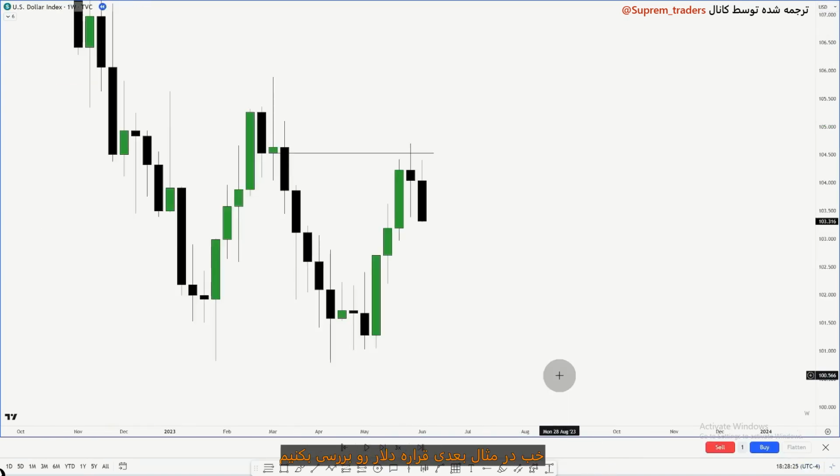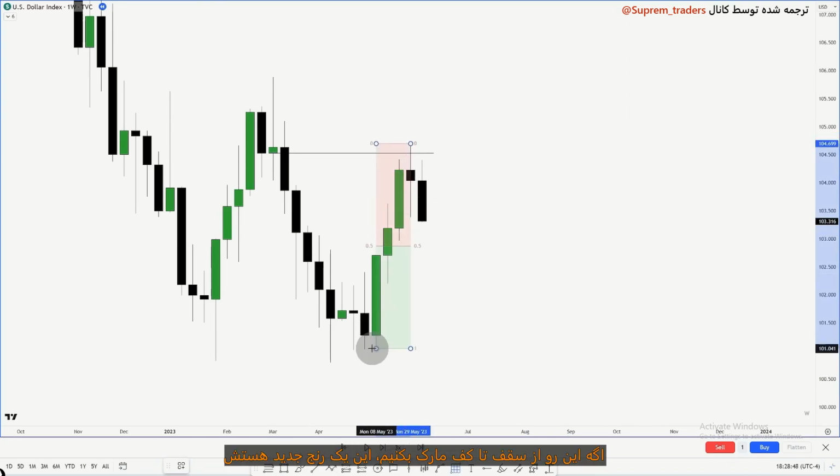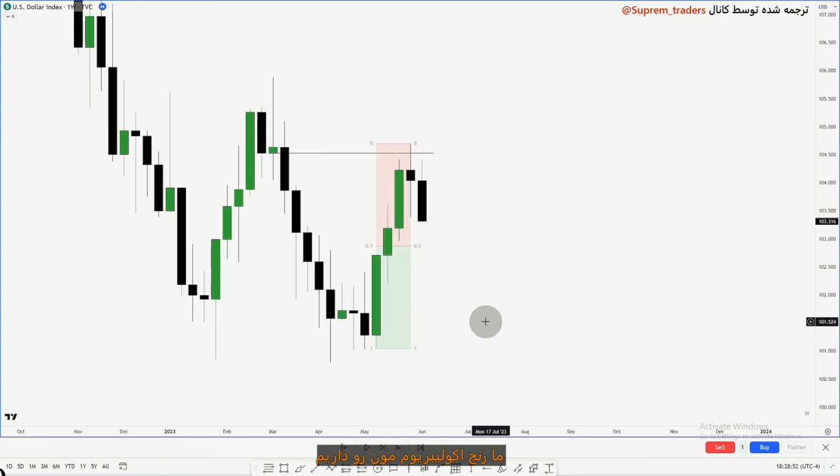For this next example, we are going to look at the dollar index or DXY and the interactions between equilibrium ranges. So if you notice here, we have a move up here. And so if we mark that out from our high to the low that made the new range, we have our equilibrium range.